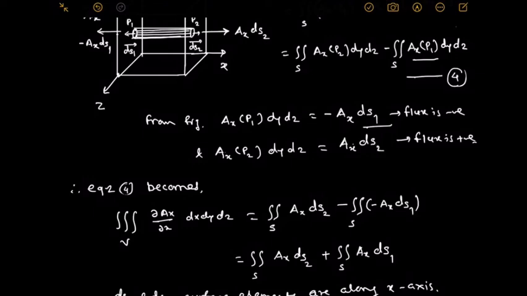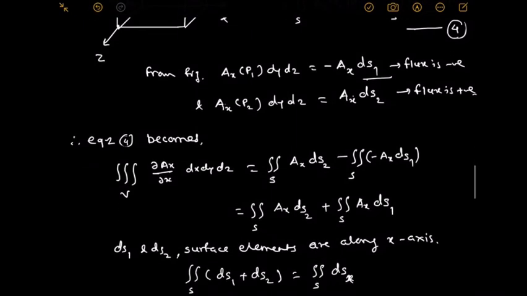The volume integral of ∂Ax/∂x dx dy dz is equal to the surface integral Ax ds2, since the flux is positive, minus the surface integral of minus Ax ds1. This minus Ax ds1 represents that the flux is negative at the point P1. Minus minus becomes plus, and we get the surface integral Ax ds2 plus the surface integral Ax ds1.